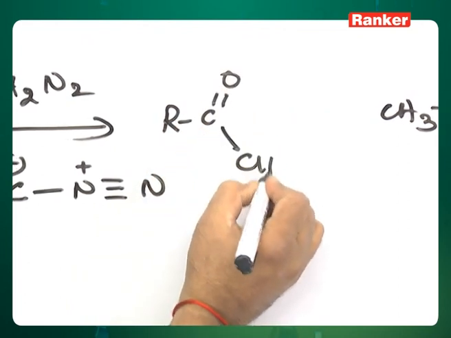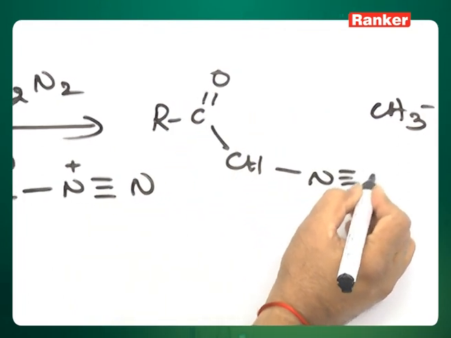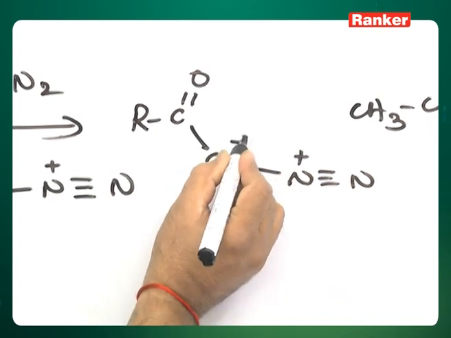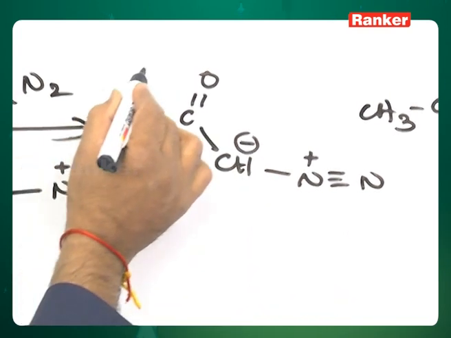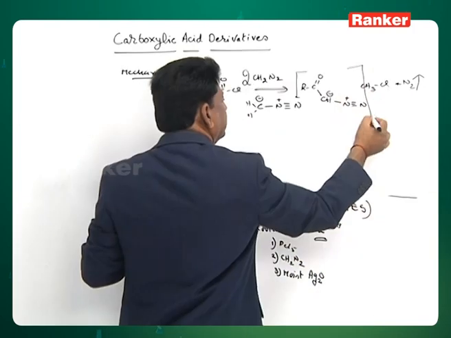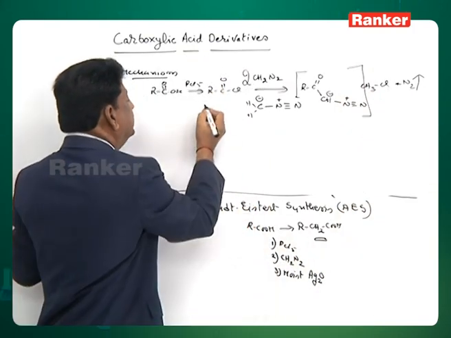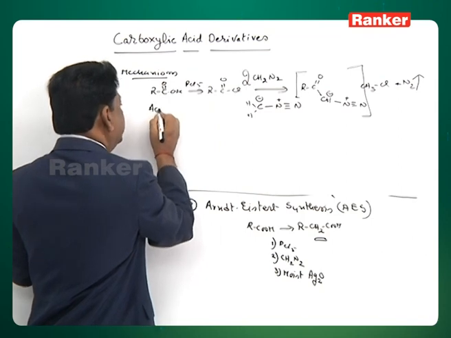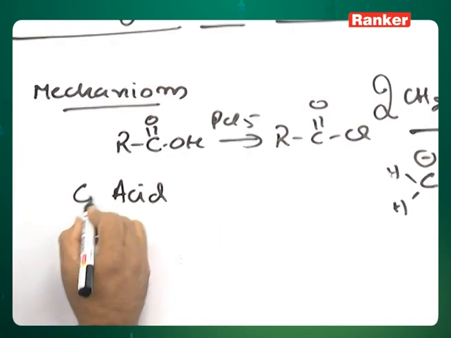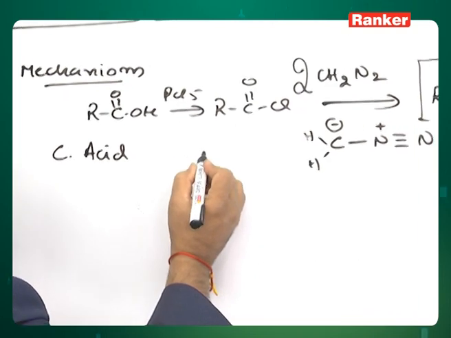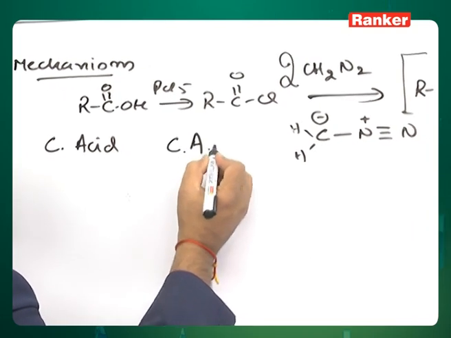So, you have a CH with N triple bond N, plus and minus, formed. This is the first intermediate you are getting. This is not the final compound, an intermediate compound is formed. So, this is from the carboxylic acid. The next is the carboxylic acid chloride.